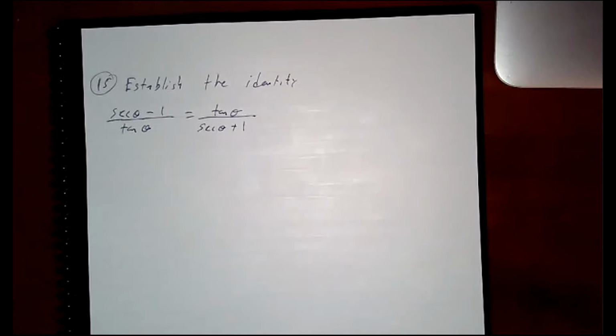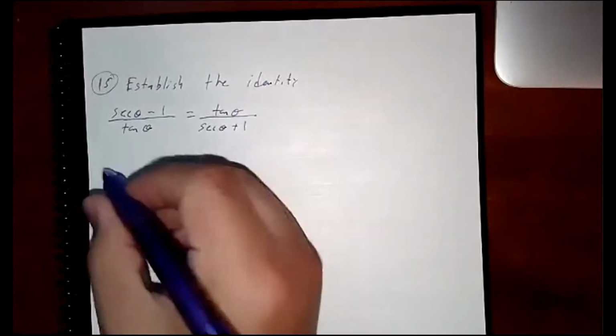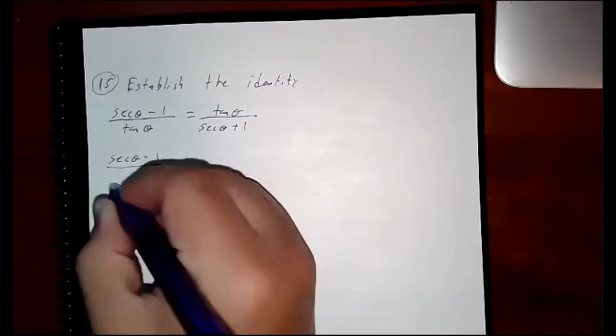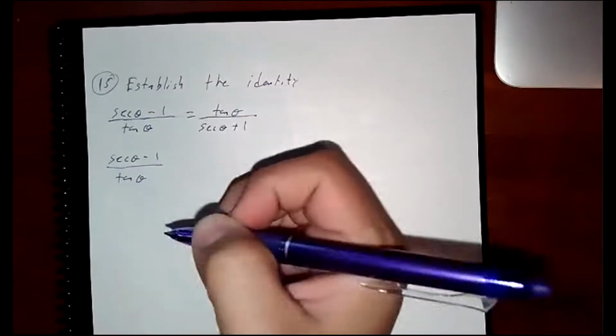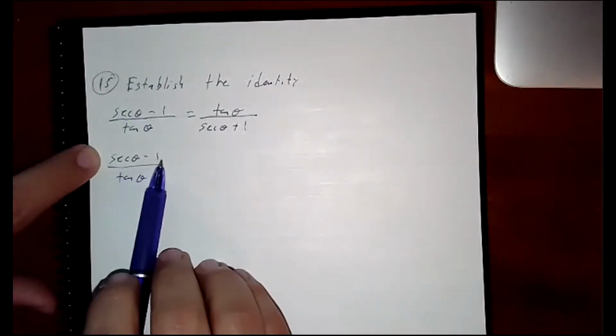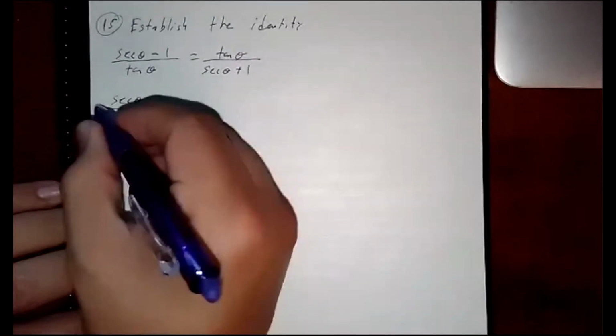Currently, they both seem pretty equal, so I'm gonna choose the left-hand side, I guess, just for no reason. Then I see a secant theta minus 1, so I'm thinking maybe a conjugate approach might help, and see if it does.